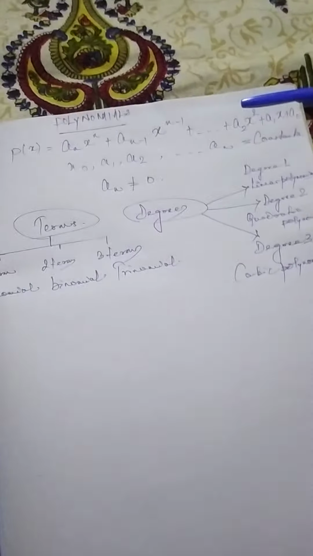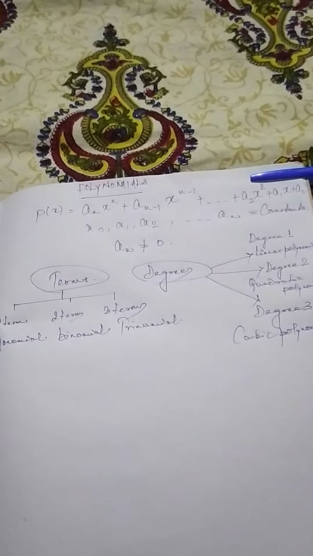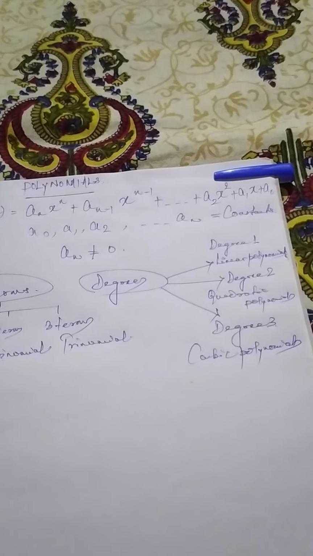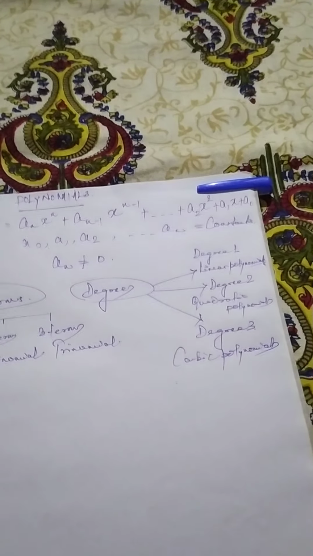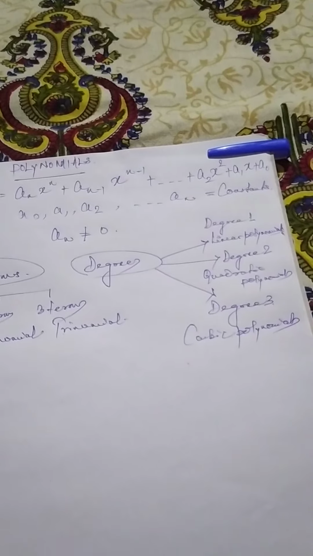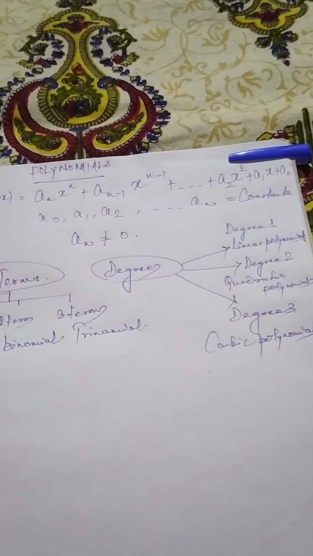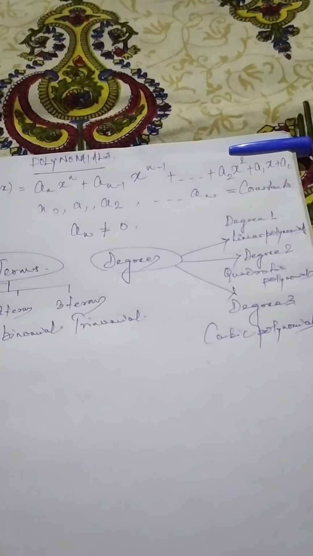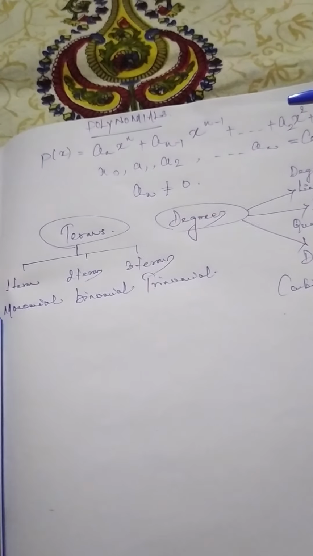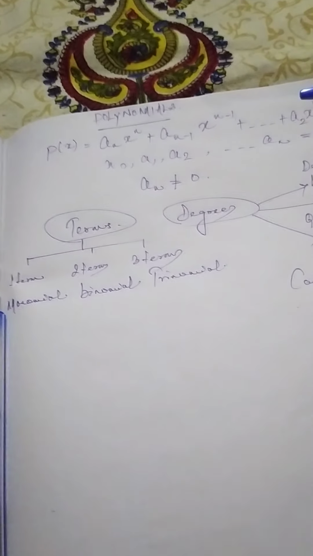So from the above relation, what we have observed is that a polynomial is nothing but a combination of mathematical expressions, constants, and also certain terms and degrees. Degrees are of three types as per our 9th standard syllabus, and terms are also of three types.